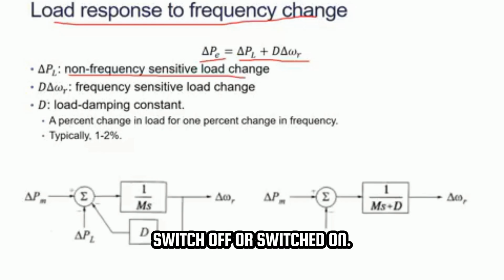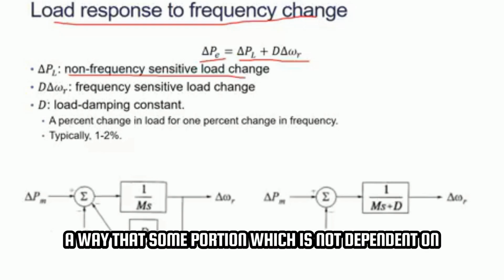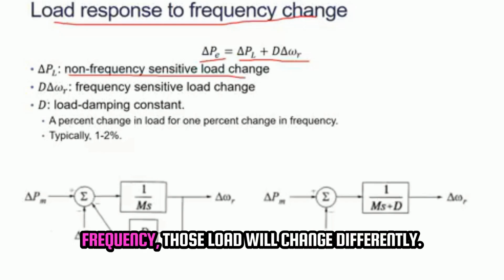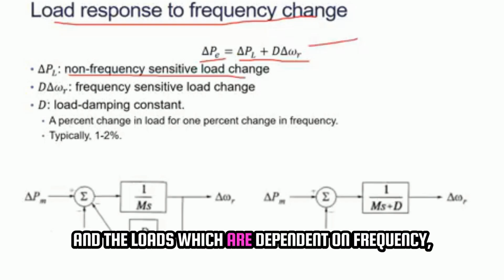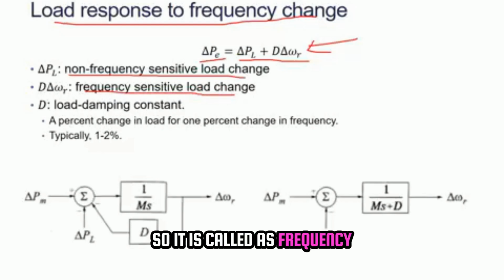So the load change will be in such a way that the portion which is not dependent on frequency will change differently, and the loads which are dependent on frequency, their change will be in a different sense. So it is called a frequency sensitive load change.